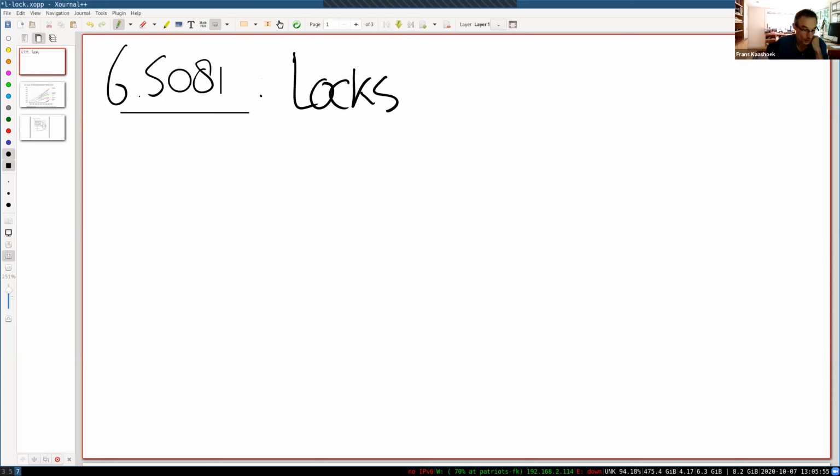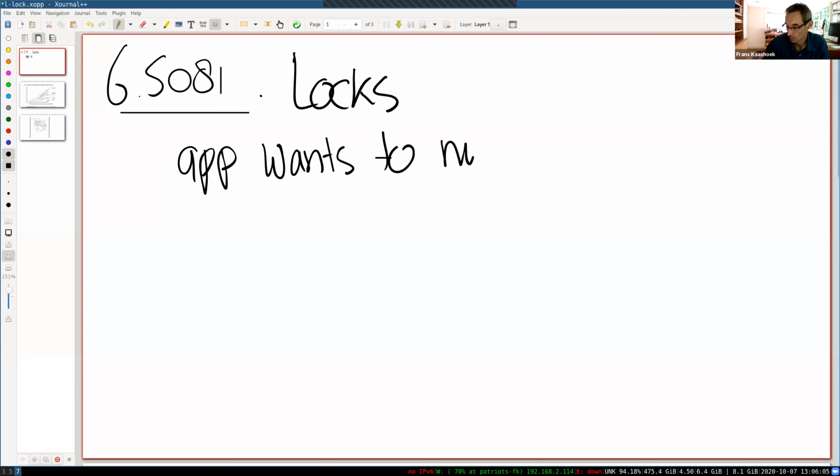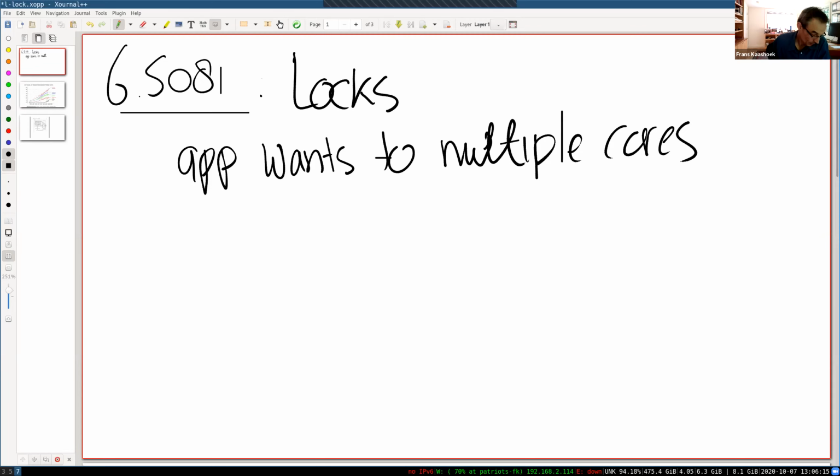So just to get started, let's remind ourselves why we need locks. And I guess the starting point is really that applications want to use multiple cores. And they want to use multiple cores to get performance. And so if an application actually runs on multiple cores, presumably the parts of the application may invoke system calls.